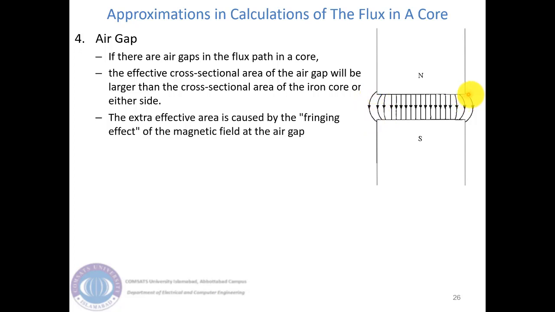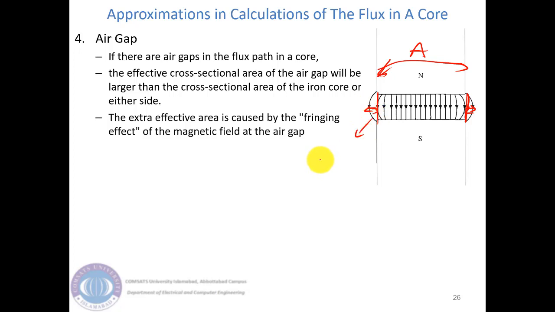So sometimes if we look at this fringing effect, how we can handle it is, if we say that this is the actual cross sectional area of this ferromagnetic material, but due to this fringing effect we have a certain extra amount of cross sectional area that comes.